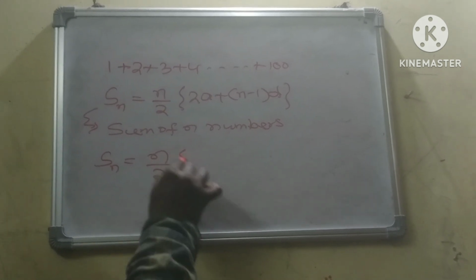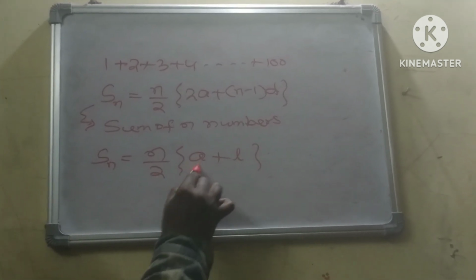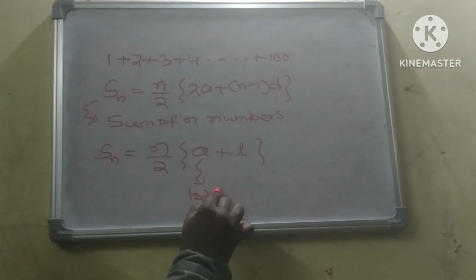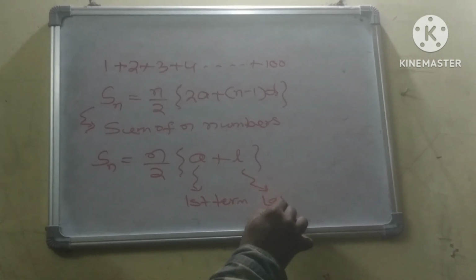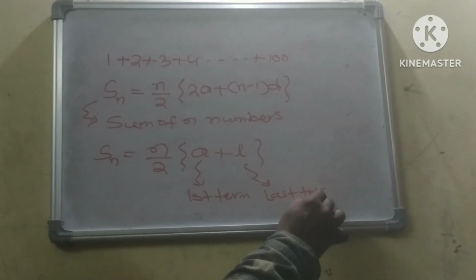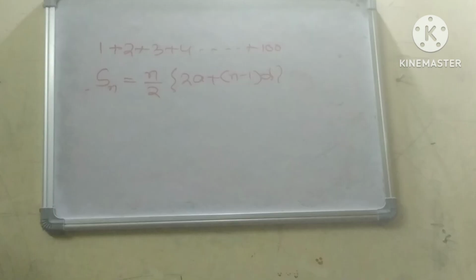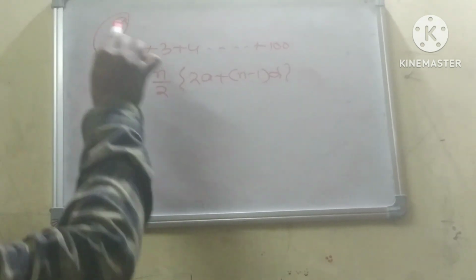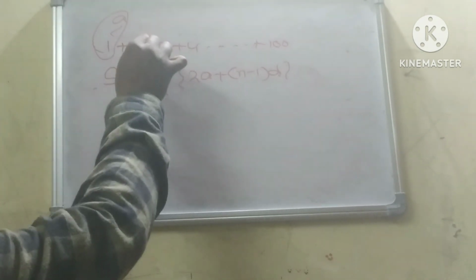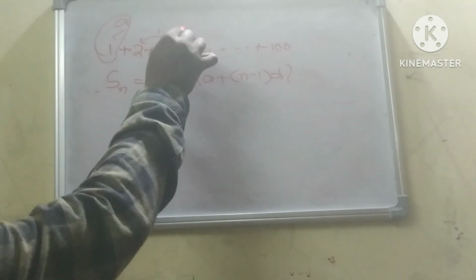S_n is equal to n by 2 whole into first term plus last term. Right? This is the first term, this is the last term. Now here a is 1, this is the first term. d is 1: 3 minus 2, 4 minus 3.